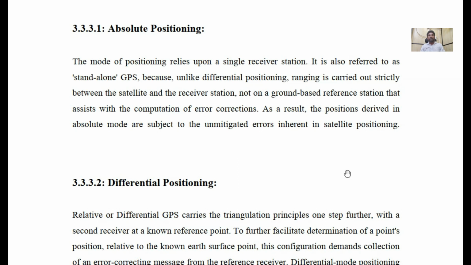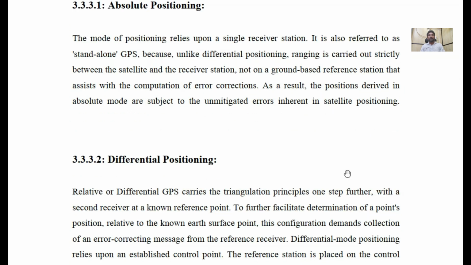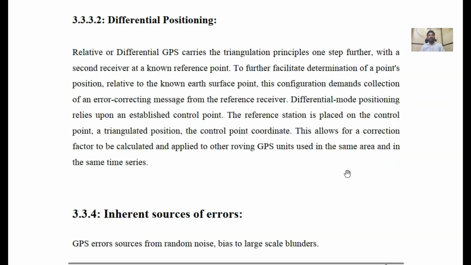Differential positioning. Relative or differential GPS carries the triangulation principle one step further with a second receiver at a known reference point to further facilitate determination of a point's position relative to the known Earth surface point. This configuration demands collection of an error correcting message from the reference receiver.